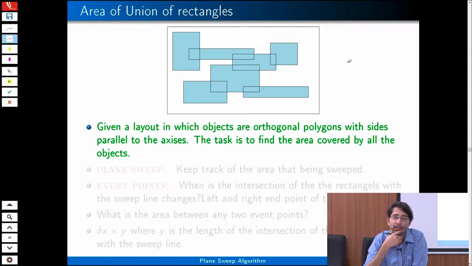But if we apply inclusion-exclusion, what will be the problem? How many terms are there in the inclusion-exclusion expression? How many subsets are there of an n element set? So checkmate. Anything exponential is not good for computer science purposes. It's kind of a thumb rule.